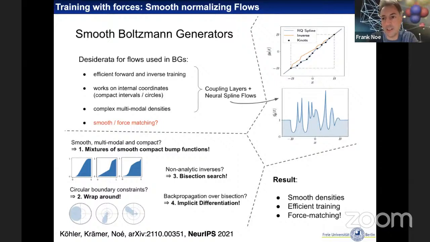And even if the density is good, it doesn't necessarily mean the forces are good. For a normalizing flow, because it gives us a probability density at the output, we can always compute the minus log probability density of an output, and that would give us an energy. And then we can take the gradient of that energy, and that's a force. And we can do MD with it, for example. But in practice, with pretty much all existing flow methods, we cannot do that. It will be absolutely horrible.